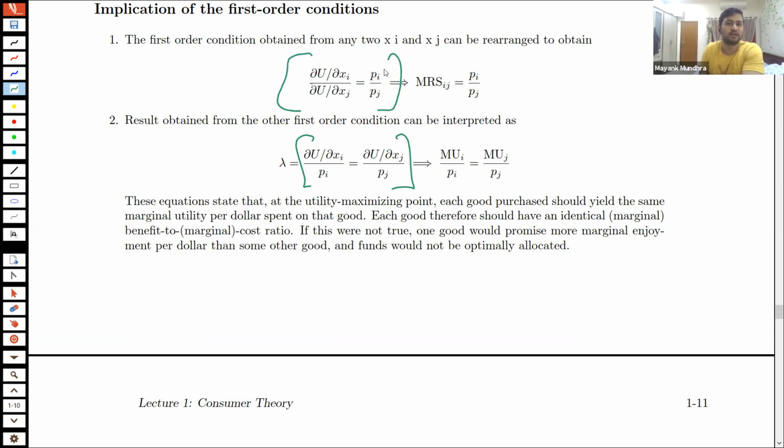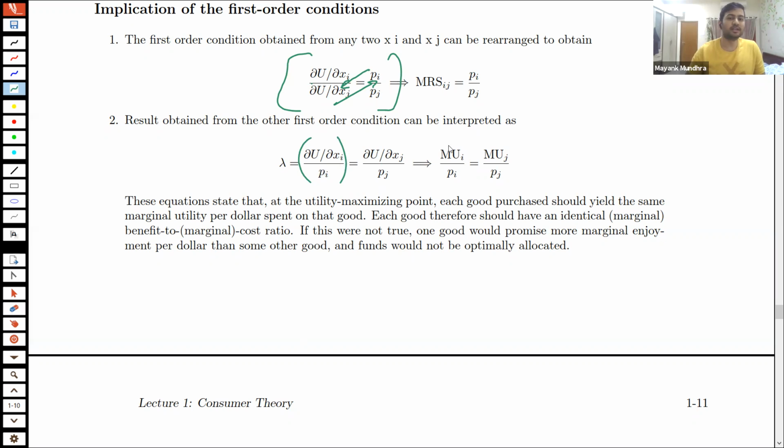Now, if you take Pi here and you take this del U by del Xj here, what you get is this thing: del U by del Xi upon Pi is equal to del U by del Xj upon Pj. Now, these two things need to be equal. What is the meaning of this left-hand side?